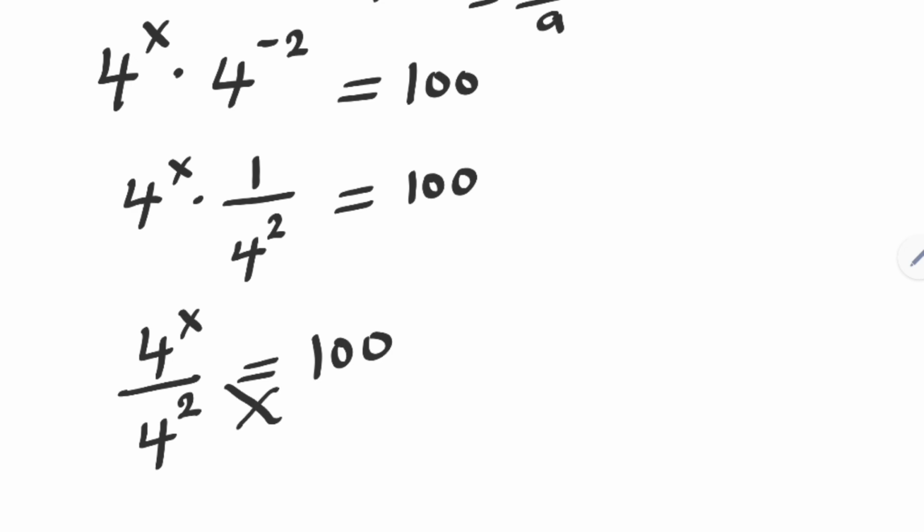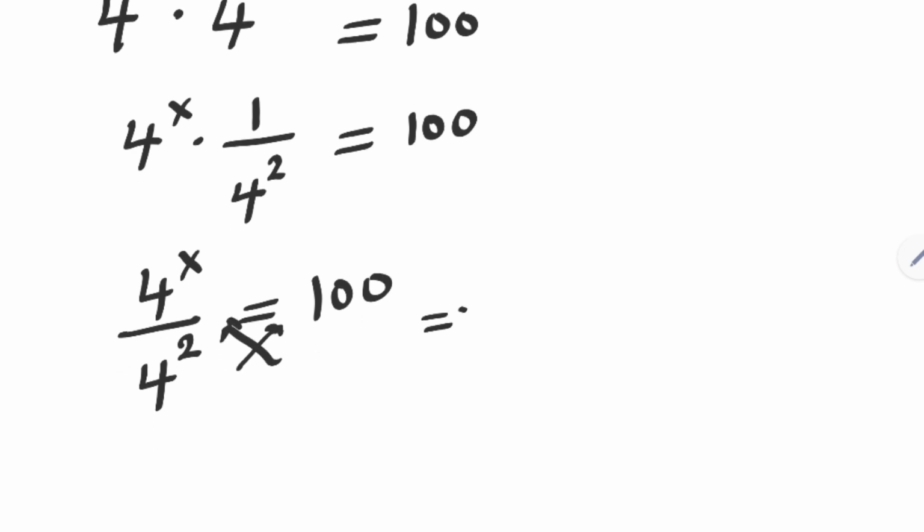If you cross multiply, 4 raised to power s is equal to 4 square multiplied by 100.